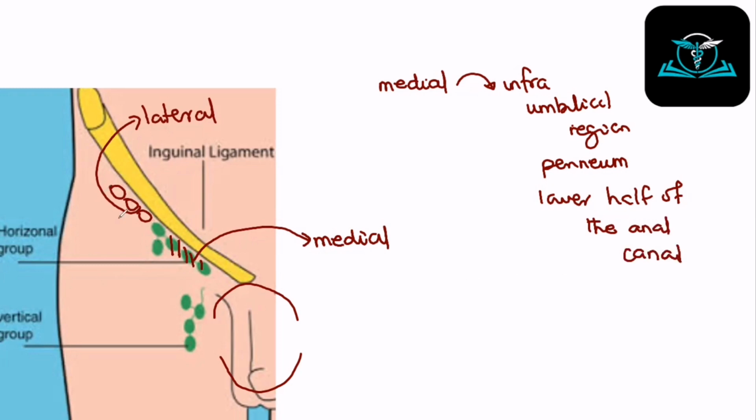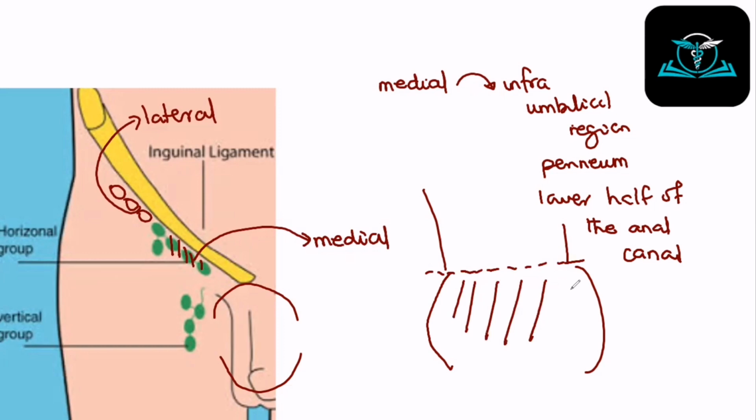Then, where do you think the lateral group of lymph nodes will drain? Remember the back? We said that if we drew a line through the iliac crest, the parts of the back below the iliac crest will be drained by the inguinal lymph nodes, and that will be drained by the lateral group.